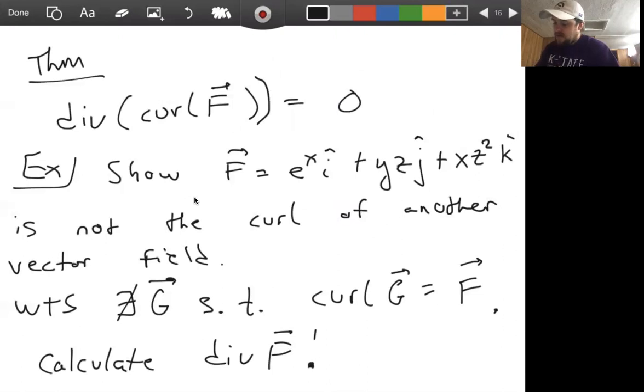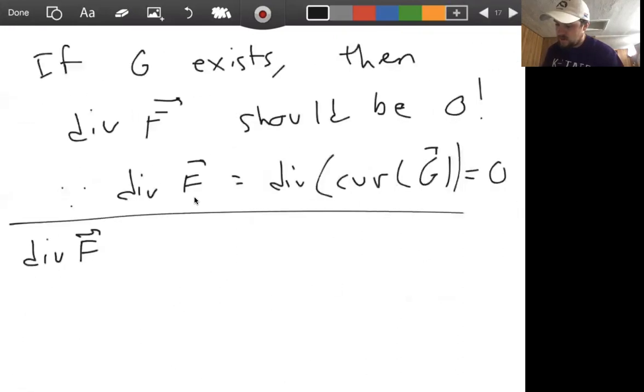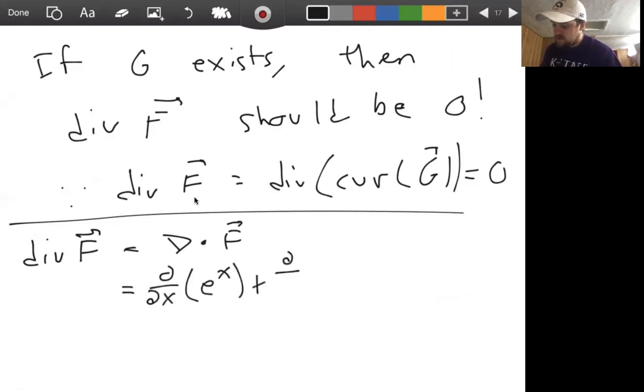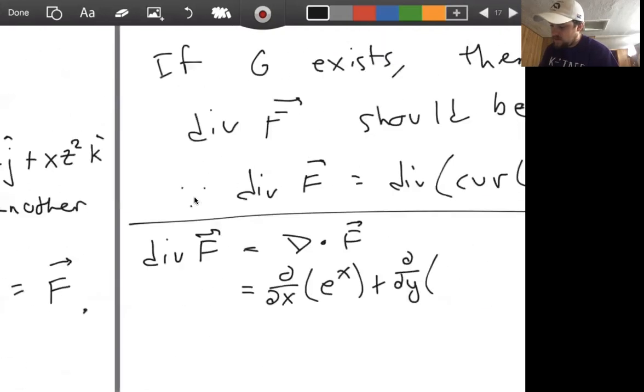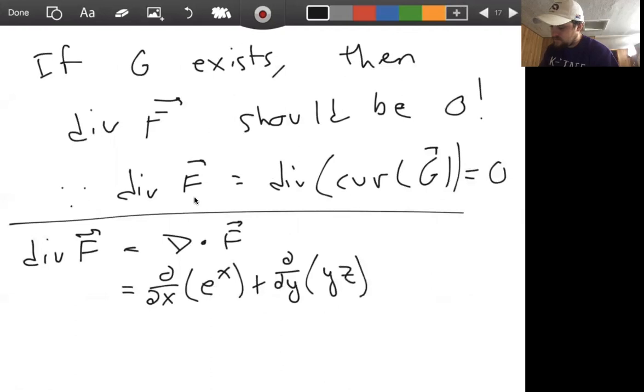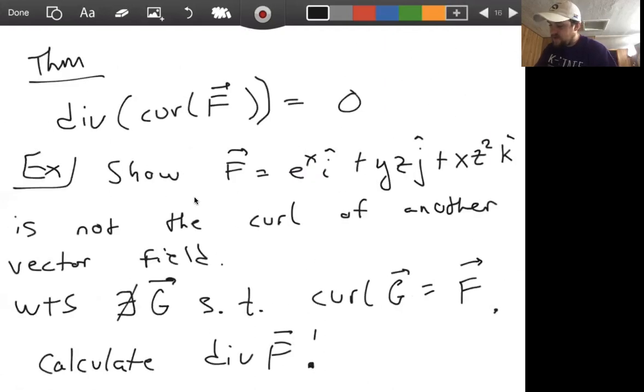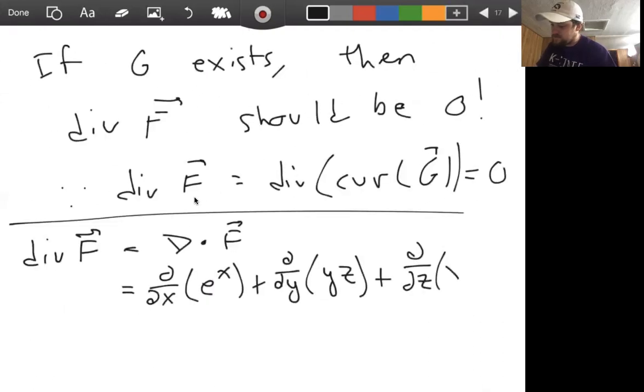So let's calculate the divergence. What's the divergence? It's the gradient dot F, which is the partial derivative with respect to x of e to the x, plus the partial derivative with respect to y of yz, plus the partial derivative with respect to z of xz squared.